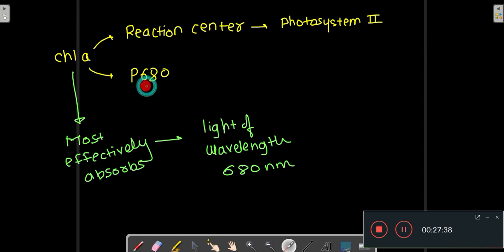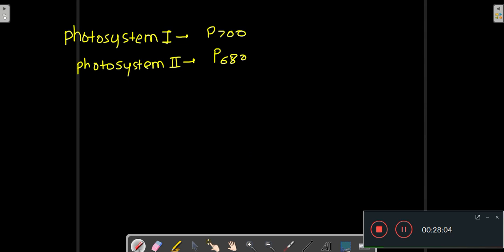Because this chlorophyll A molecule most effectively absorbs the light of wavelength 680 nanometer, and that is the reason why this chlorophyll A molecule, which is present at the reaction center of photosystem 2, is known as P680. So photosystem 1 has a P700 and photosystem 2 has P680.